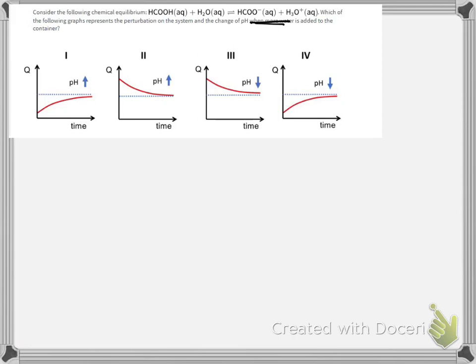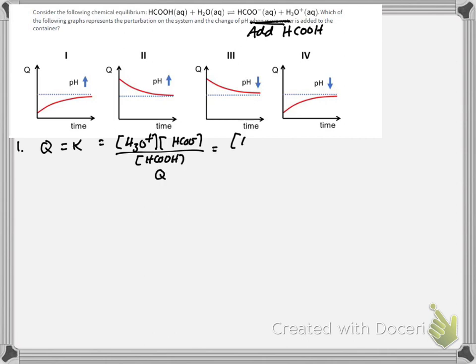Okay, now let's look at adding a reactant. So we did the product first. So again, same steps, Q equals K. It sounds redundant if you've watched the other two problems, but it really is the first step. We say we're at equilibrium, and now by adding a reactant, we have changed it.